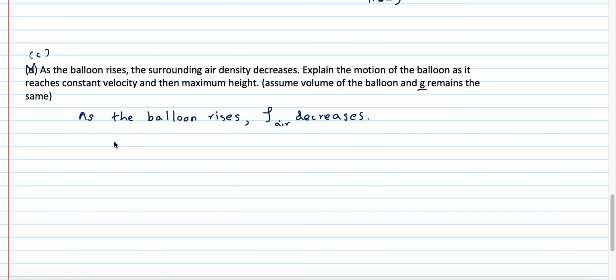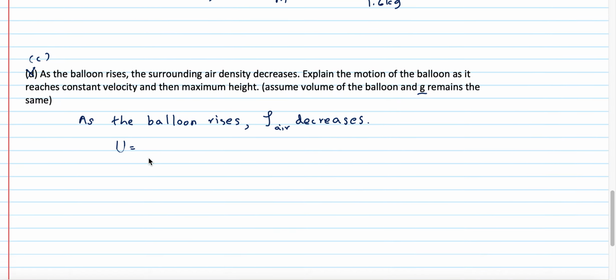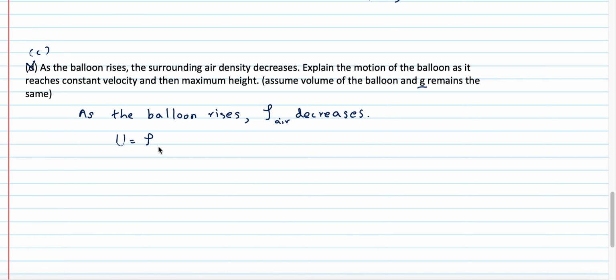So in our given quantities, in this problem, we have the upthrust. So upthrust is rho air Vg. So as the air density decreases, that means the upthrust decreases.